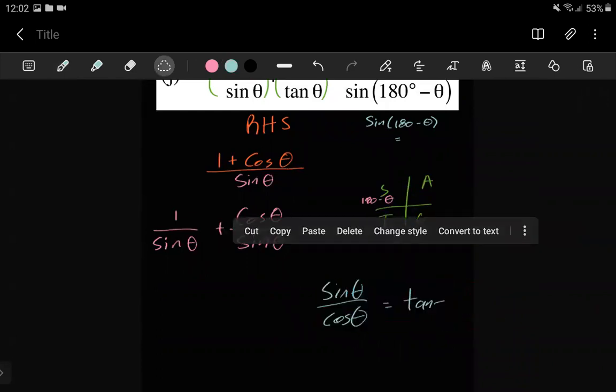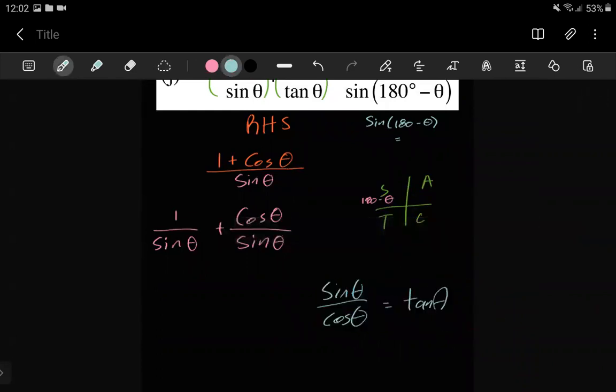And then what we know is, if this is flipped over, remember tan theta is tan theta over 1, anything on its own is over 1. You remember that?